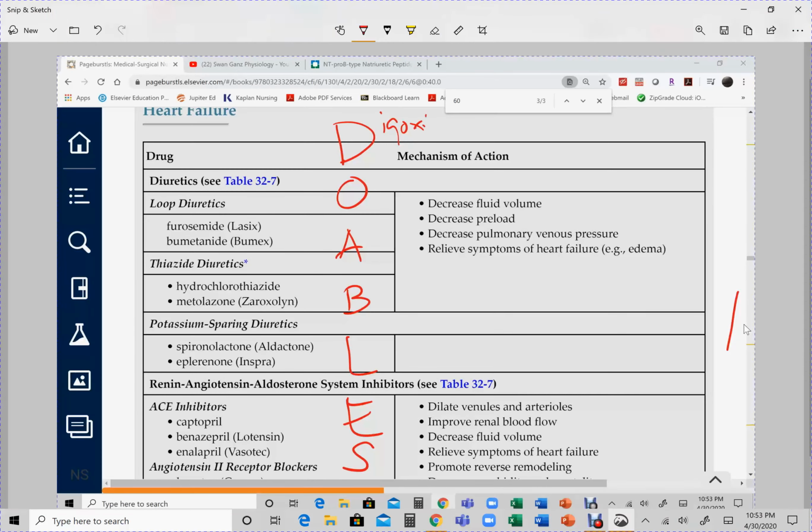D is digoxin, which is for chronic heart failure. Then we have diuretics, which are for both acute and chronic heart failure. Oxygen. We have ACE inhibitors or angiotensin receptor blockers. We have beta blockers.